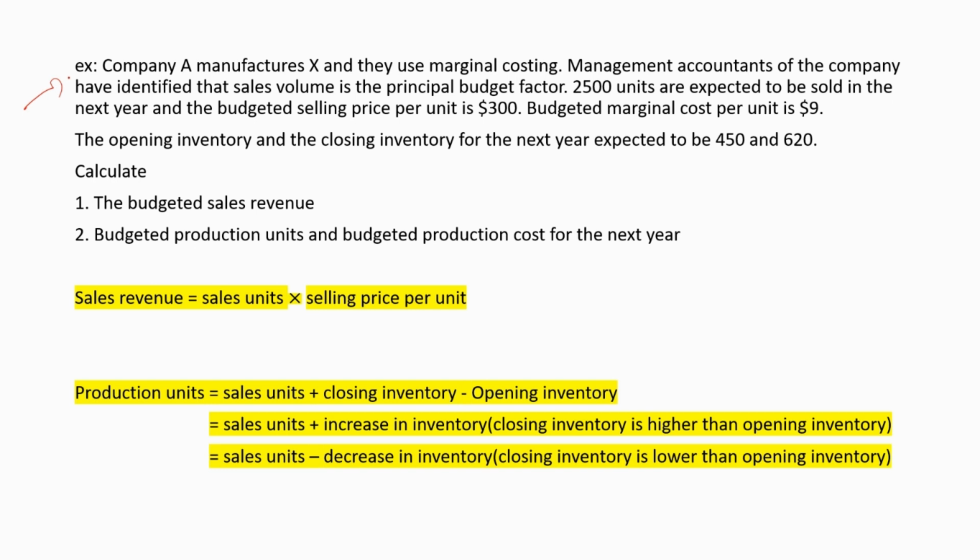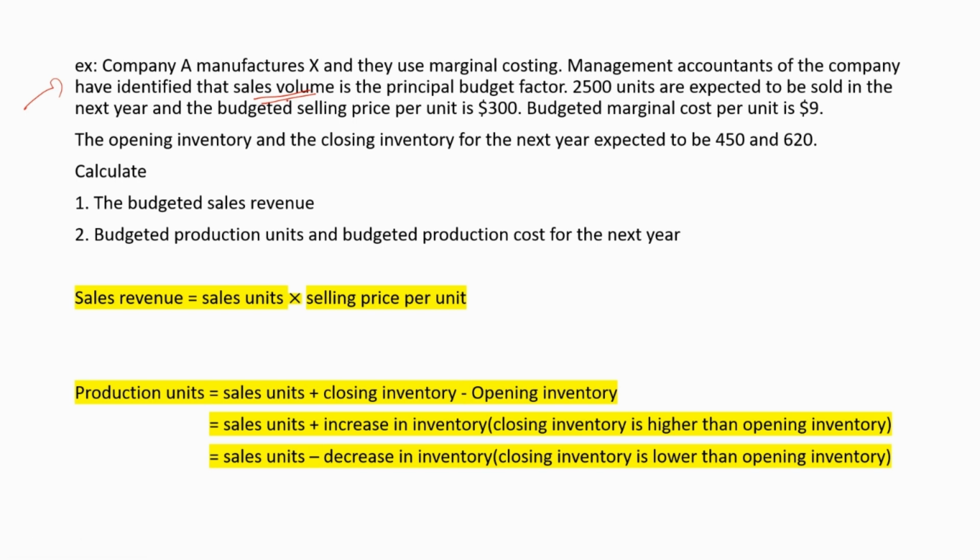Company A manufactures product X and they use marginal costing. Management accountants of the company have identified that sales volume is the principal budget factor. So they have directly given us the principal budget factor, which is the sales volume. 2,500 units are expected to be sold in the next year, and the budgeted selling price per unit is $300.